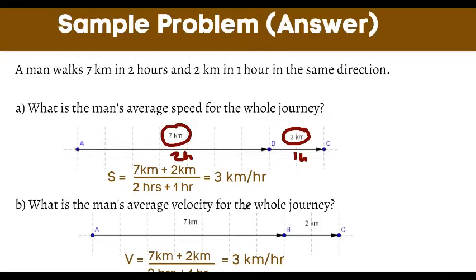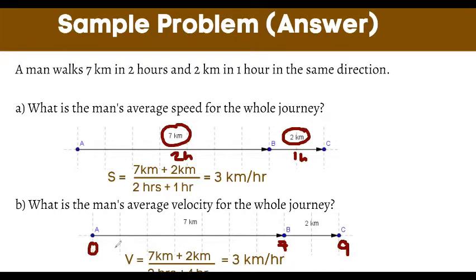How about for the average velocity? For the average velocity, it means that we must know the difference in the position of the object, or the position of the man. Since it is given that he started from 0, for example, he started from 0 and attained 7 kilometers, then another 2 kilometers. So this is 9.